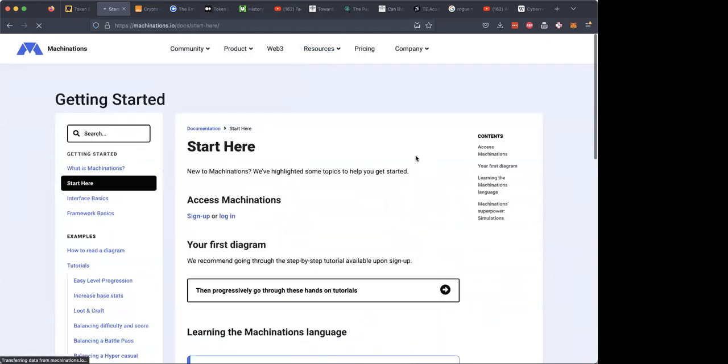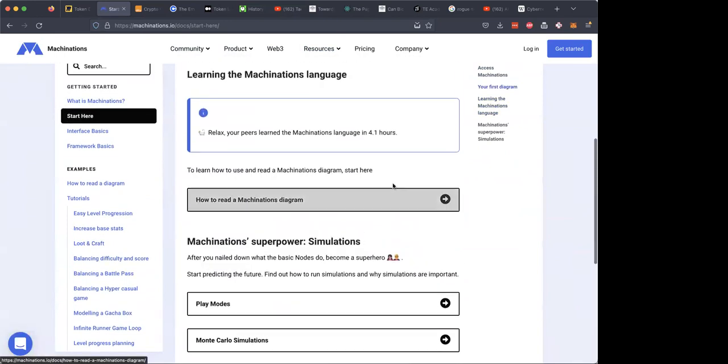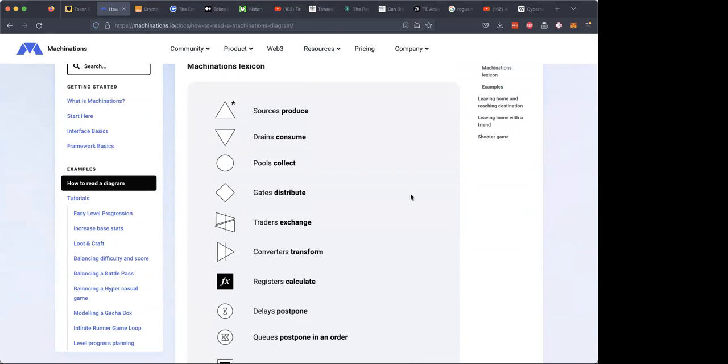Right, start here. It's going to show the very basics. It's a very high level thing. It has sources. A source provides, so you can think of this as a source for money, right? It gives you one money every time I click it.